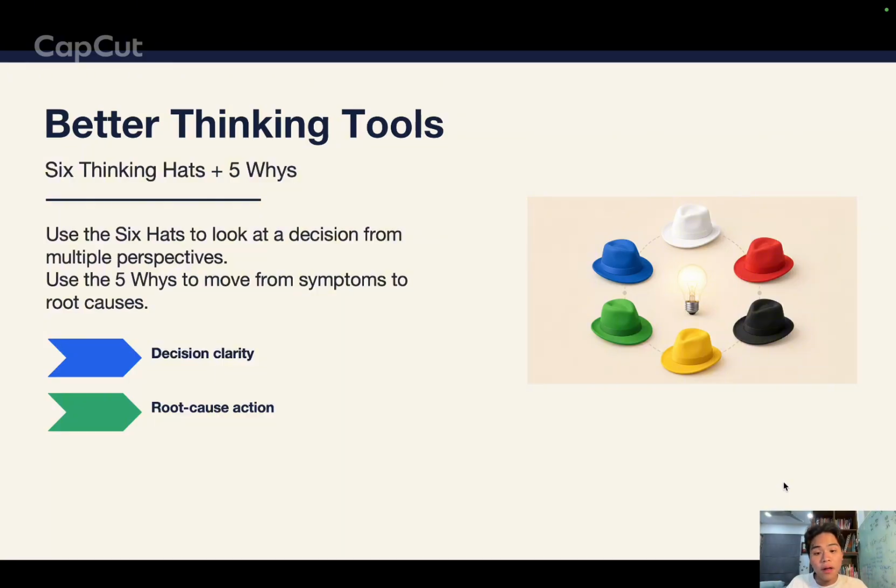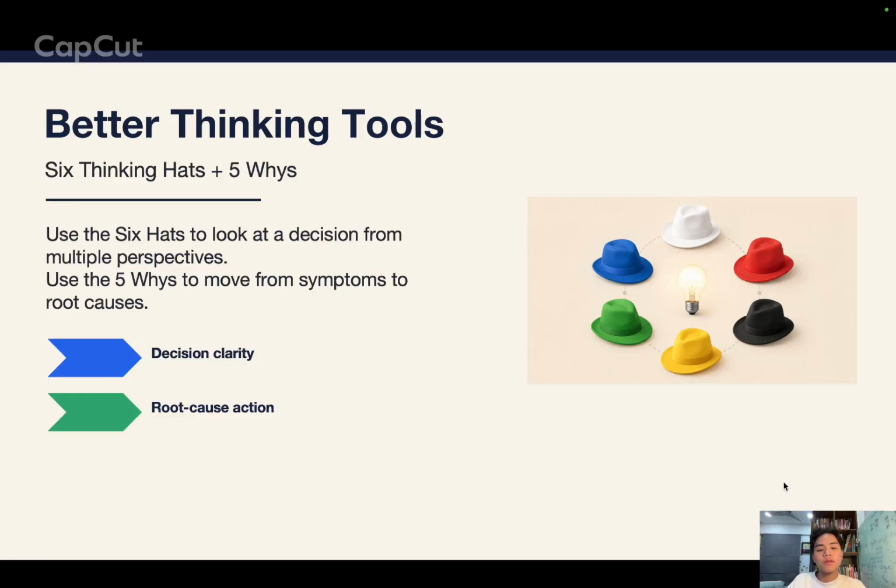So instead of everybody arguing about their own perspective, we deliberately examine facts, emotions, risks, benefits, and possibly new ideas. And the 5 whys method helps us to investigate why a problem happens in the first place. So instead of fixing the problem right away, we keep asking ourselves why until we reach something closer to the root cause.